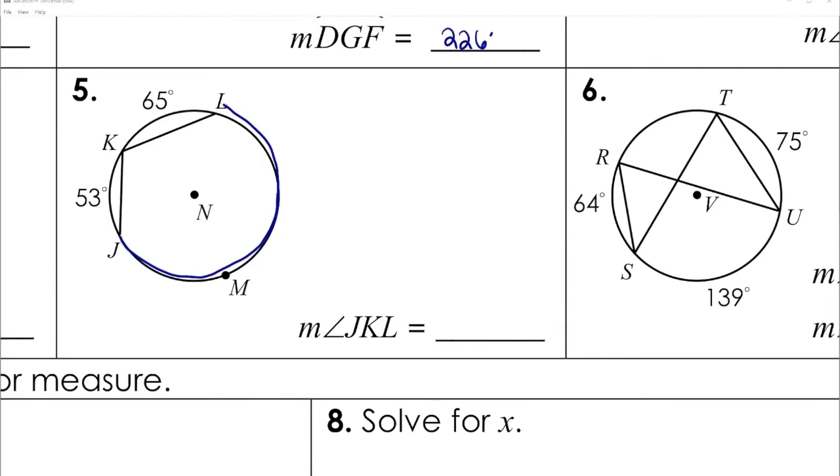But they did give us the other two. If we remember back to when we first started talking about circles, the full degree measure of a circle is 360. And we're going to subtract the two arcs that we know. The arcs that we know are 53 and 65.